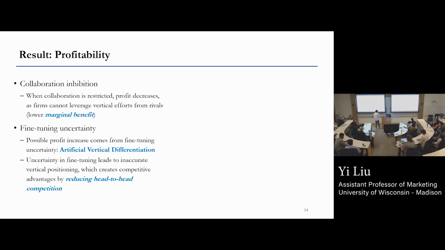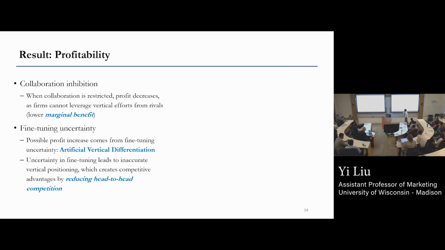First, we want to claim that the collaboration inhibition effect always definitely has a negative effect, right? Because you cannot really collaborate with others, so the marginal benefit definitely decreases. So this one definitely decreases the firm's profitability. Then the increased profitability definitely has to come from the fine-tuning uncertainty effect. Why can this bring some positivity for the firms in terms of profit?